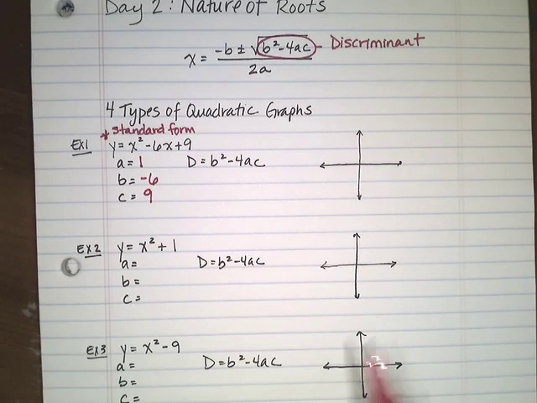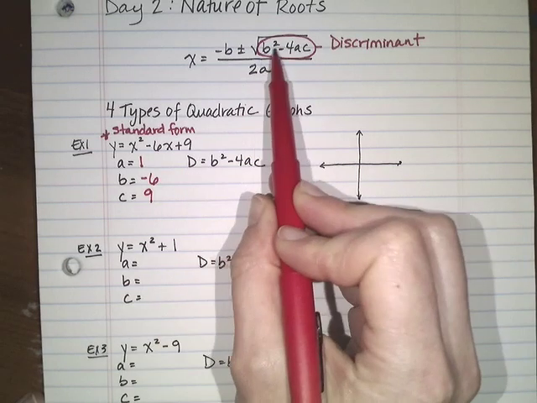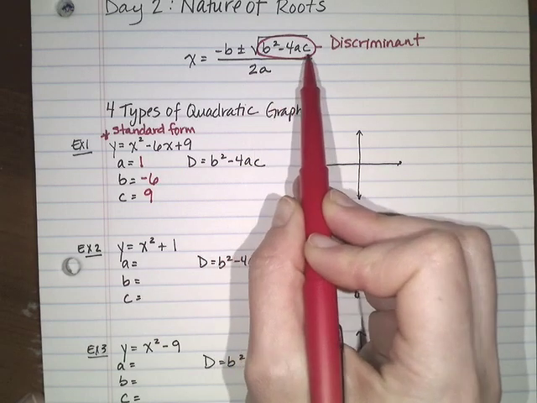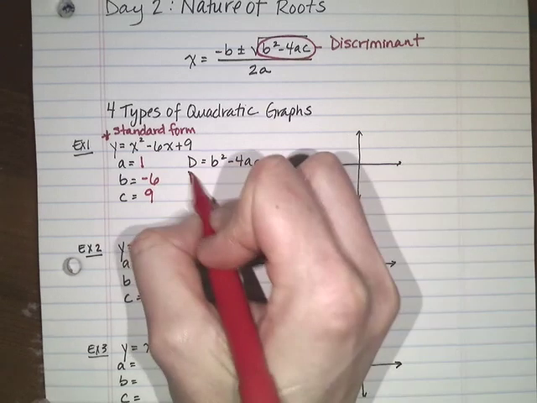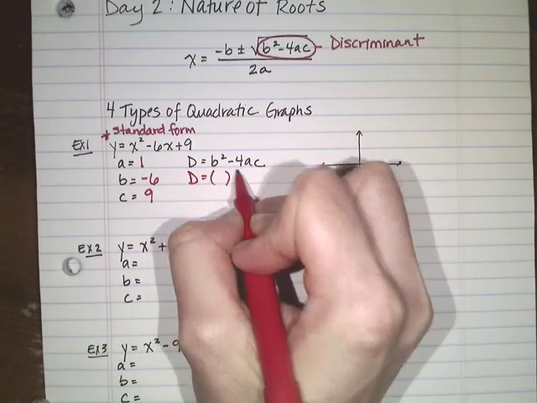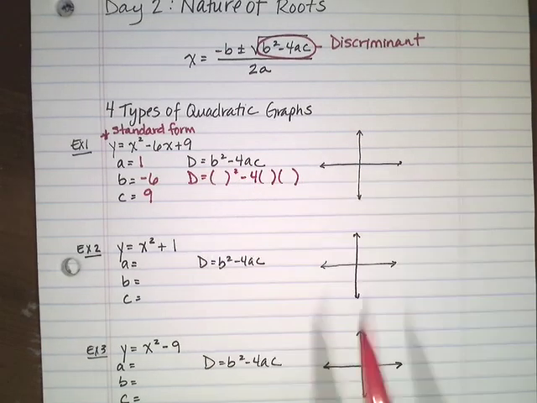When we do that, the discriminant, D, which equals b squared minus 4ac, we're going to plug those values in. So D equals b squared minus 4 times a times c, always with your parentheses. And let's change color here.